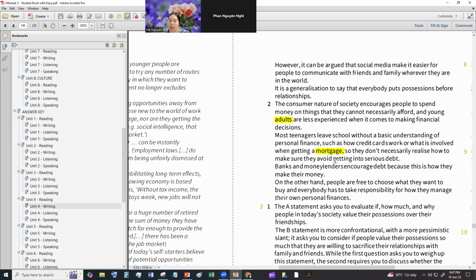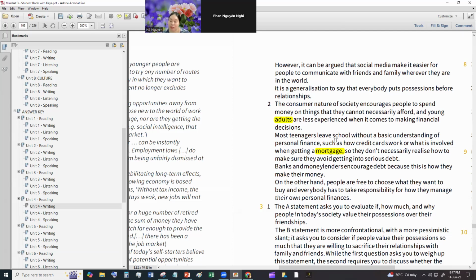Now, this one is mortgage. Can you say that? Mortgage. That's right. That's a silent T. And a mortgage in Vietnamese is khoản vay thế chấp. Basically, a mortgage is when you want to buy a very large, important, expensive item like a house.